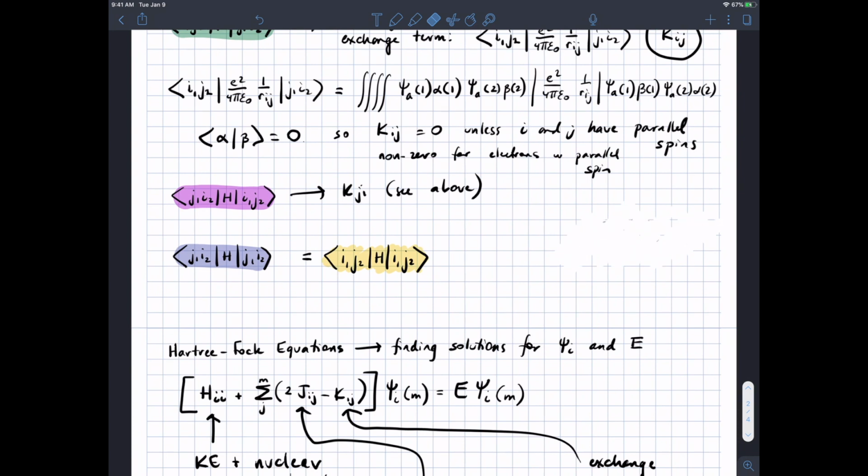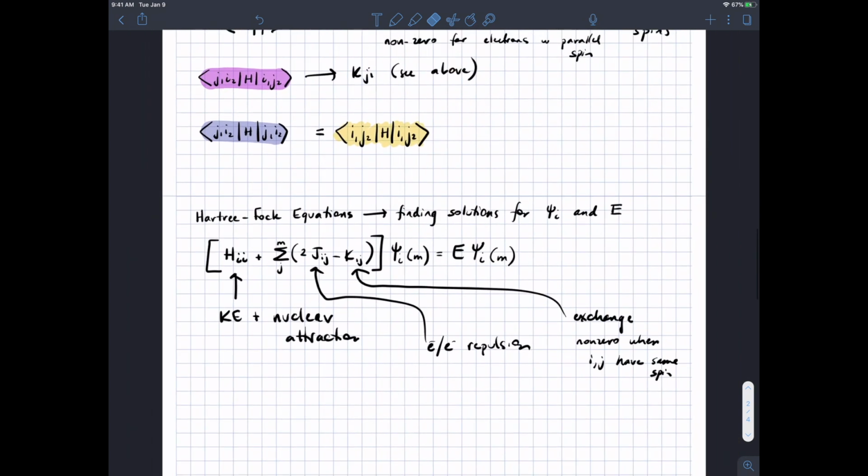Okay, so the whole point of this is that the K integral is the explanation really for Hund's rule. But then the Hartree-Fock equations are our first opportunity to now calculate, to now guess, what these wave functions are, and then apply the operator and then see what energies we get out.